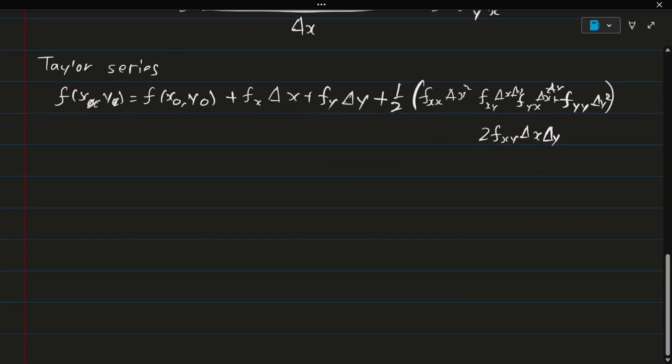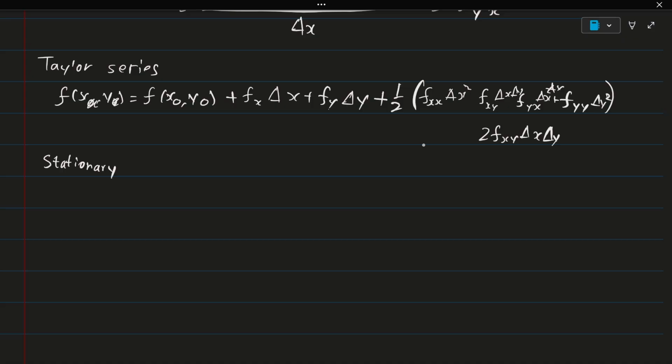So we could expand the idea of Taylor series much more into a min-max problem. Remember when we do a min-max problem, the way that we do it is that we try to find stationary points, points in which the gradient is 0. And we could use the same idea when we're dealing with multivariable calculus.